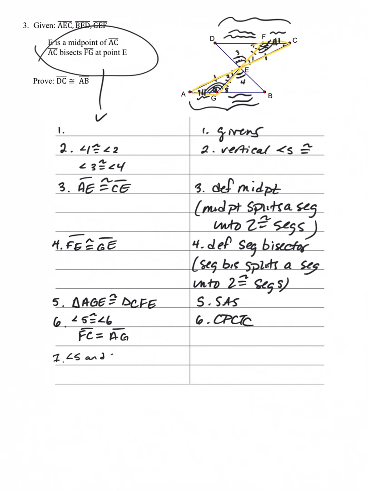Angle 5 and angle 7 are supplementary. Same thing with angle 6 and 8. And that's because linear pairs are supplementary.